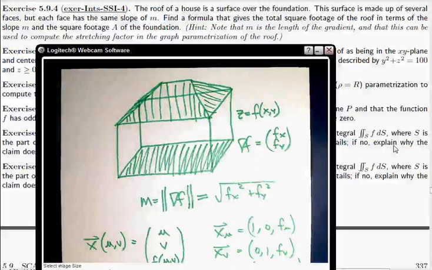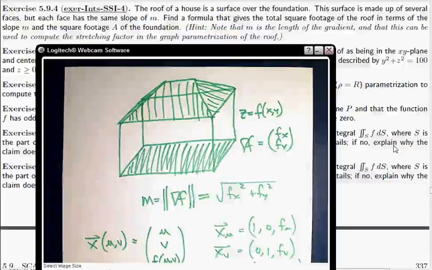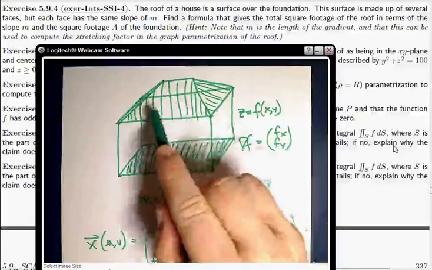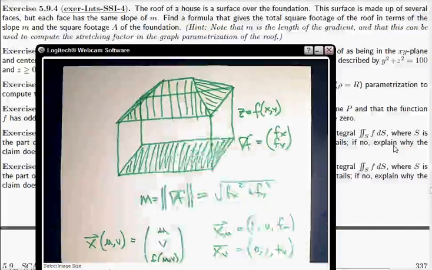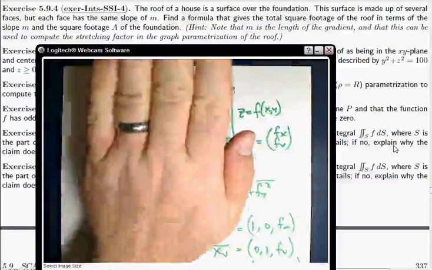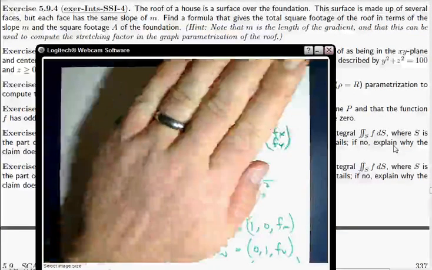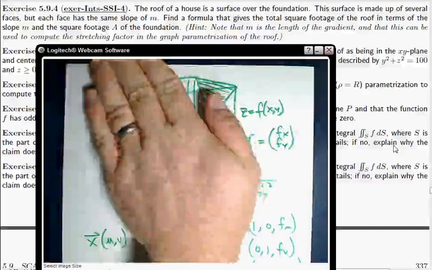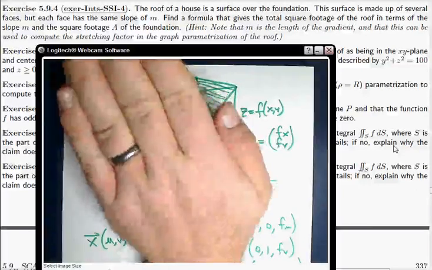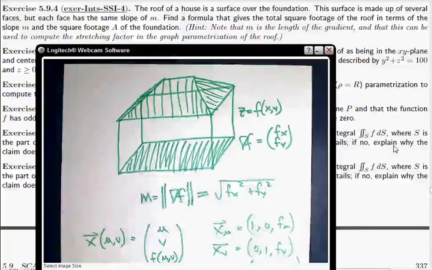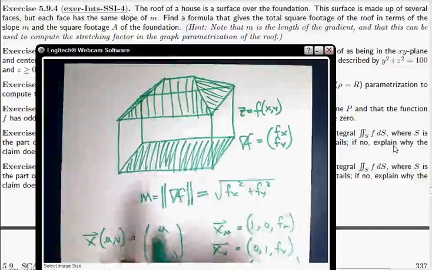But the clever observation, and this following observation was made by someone who's not a mathematician, is that, look, every shingle you put on the roof, whether it's facing that way or that way, doesn't matter. It's just the angle from the horizontal of the shingle that's going to correspond to how much of a shadow it's got down on the foundation.